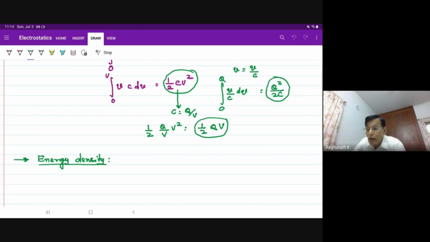This deformation increases with increase in electric field intensity. You agree that? Because they are pulled apart. More deformation talks about more amount of energy getting stored in the atom.